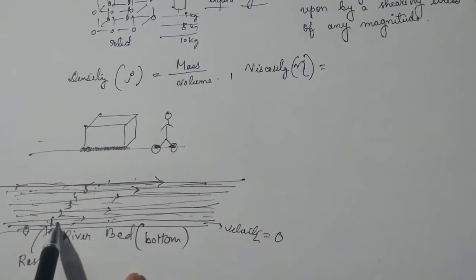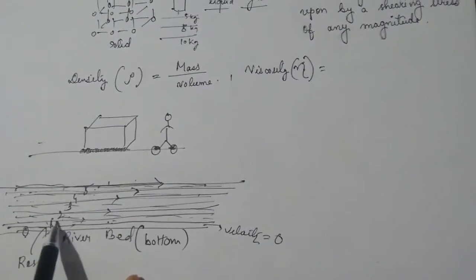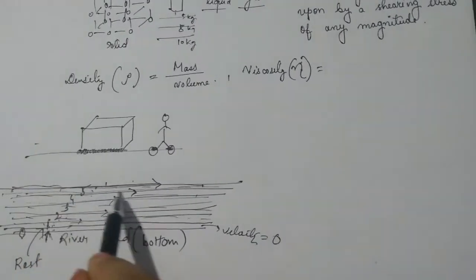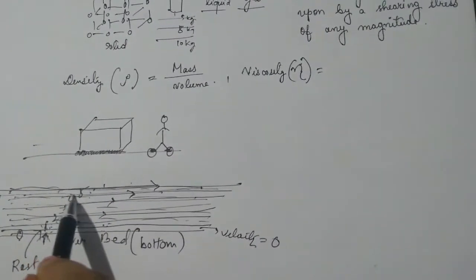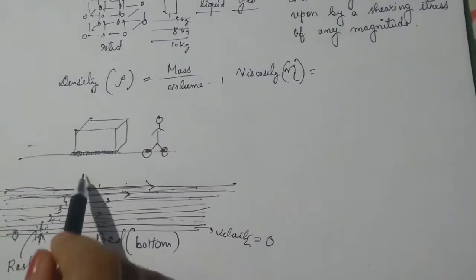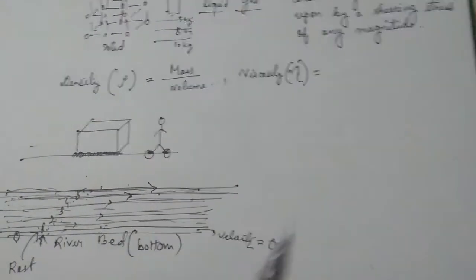Similarly, going up, this is slightly moving, so its velocity is slightly increasing, and maximum, because the upper face is free and the lower face has friction, so the uppermost layer is getting friction from inside only, not outside, so it has the fastest velocity.